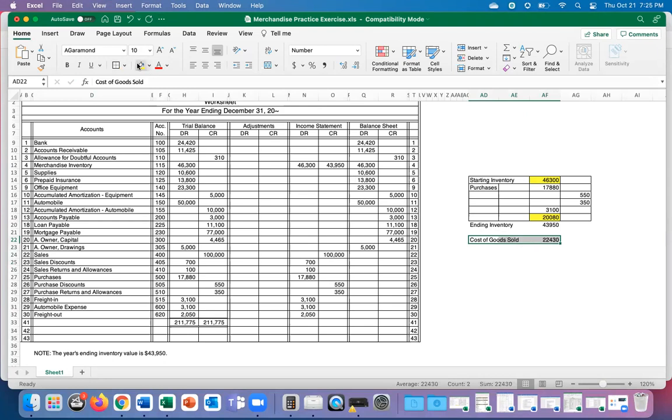And so that was really the whole point of the exercise, was to find the cost of goods sold. And as I said, it represents what the seller paid for the inventory it sold. So that's the cost of the sweatshirts that we sold. So hopefully, when we figure out what our profit is, it exceeds that amount.